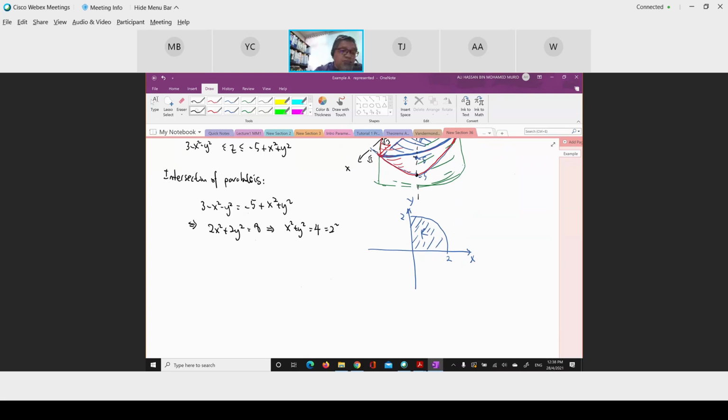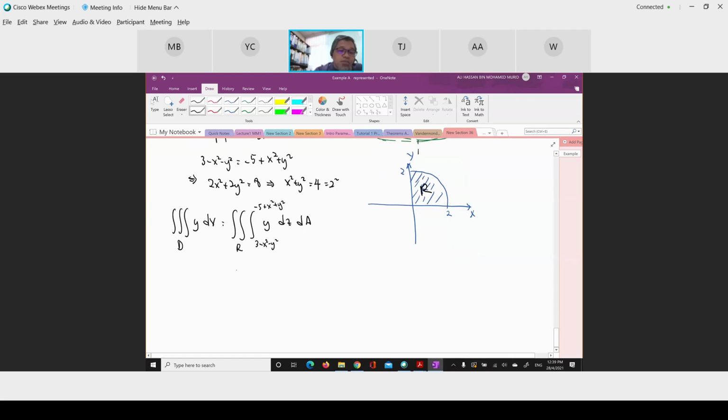All right. So now we are in a position to evaluate the given triple integral. First, we integrate with respect to z, then dA for evaluation over the region R. We're going to use polar coordinates again here. So the innermost integral with respect to z has bounds from 3 minus x squared minus y squared to minus 5 plus x squared plus y squared.